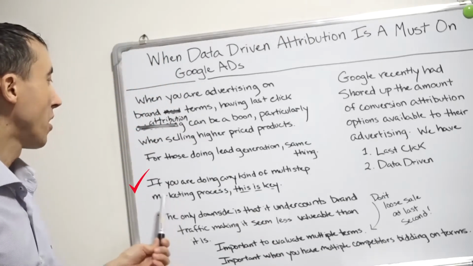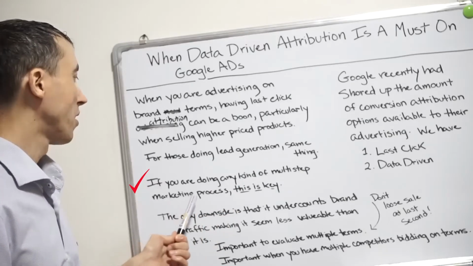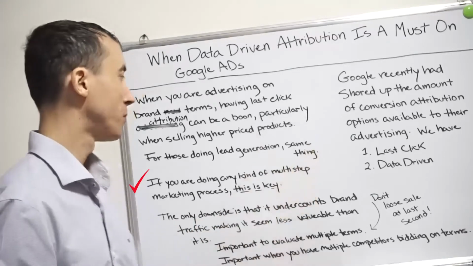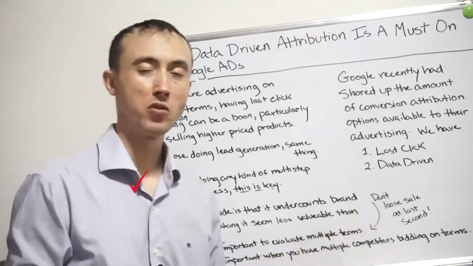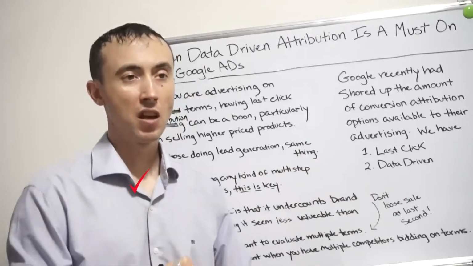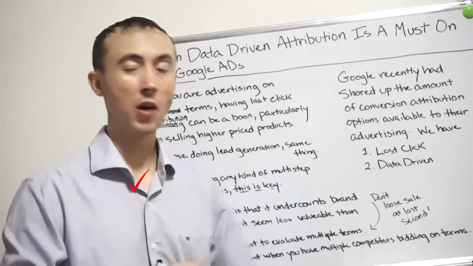With that said, other things to know. If you're doing any kind of multi-step marketing process, this is key to have the data-driven attribution, which makes sense. And I'll give you an example of this. If you were selling an insurance product, let's say health insurance.